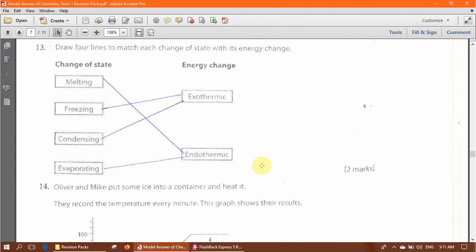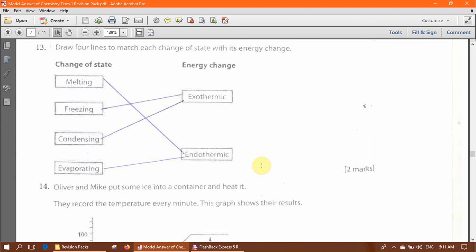If I'm going to choose one of the examples, for example, why freezing is exothermic, so you're going to think that freezing is the change from solid to liquid. So you're going to see if heat is absorbed or heat is released. In freezing, when you change from solid, from liquid to solid, I'm sorry, freezing it's from liquid to solid.